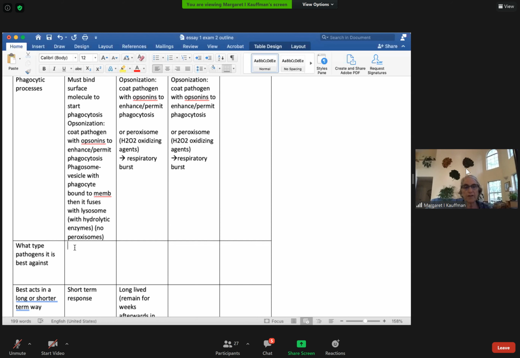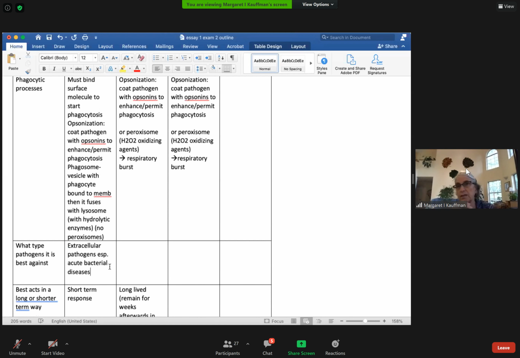It would be extracellular pathogens, because what you're doing is digesting things using enzymes, defensins, and particularly for neutrophils, because they are a short-term response, we're going to call this acute bacterial diseases, is what the textbook says.